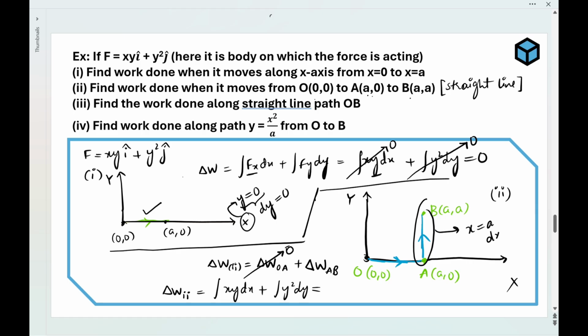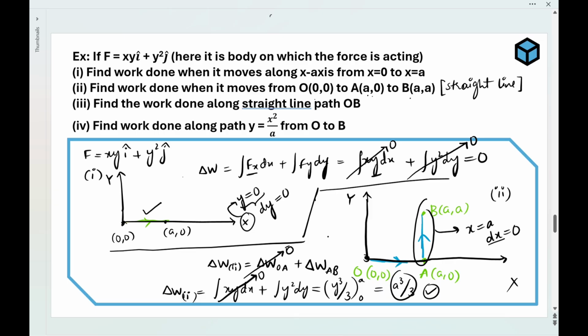That means dx is 0, meaning the x coordinate is not changing, so we can make this term 0. And now only y is remaining. It's y cube by 3 by integration, where y is going from 0 to a. We can write a cube by 3. So the work done in the second procedure is a cube by 3.